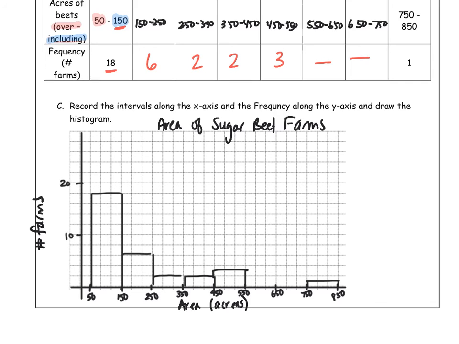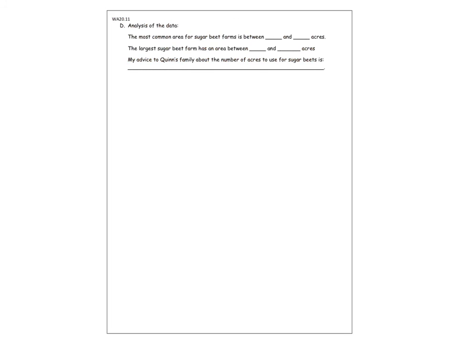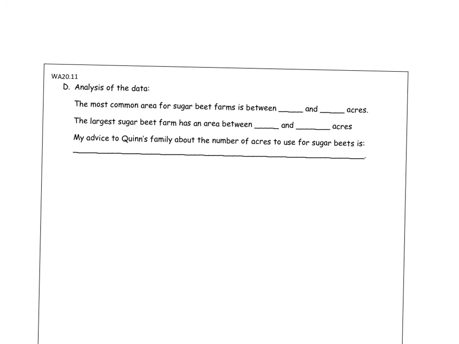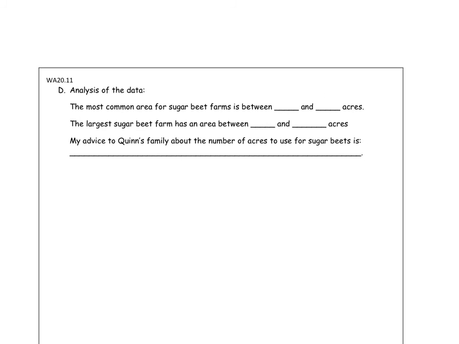You can see that I have the most farms between 50 and 150 acres. The largest farm is between 750 and 850. So I'm just going to turn the page now and fill those numbers in. So it says that the most common area for sugar beet farms from our data is between 50 and 150 acres.